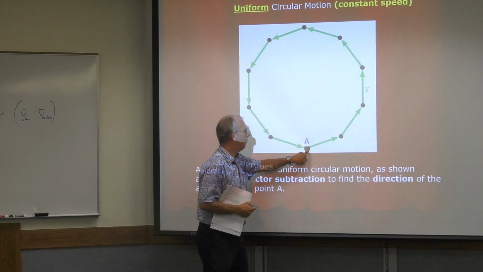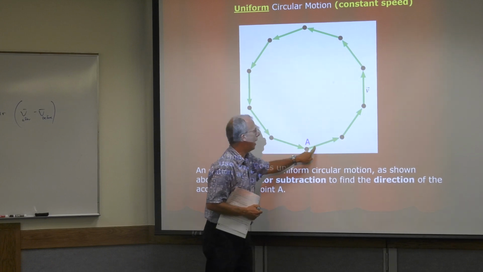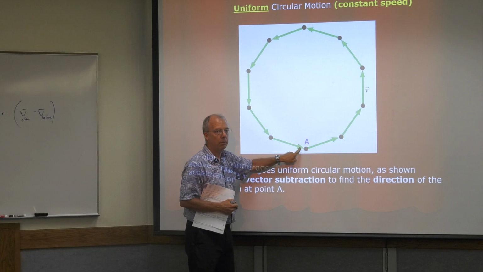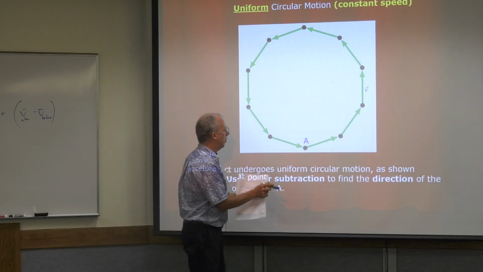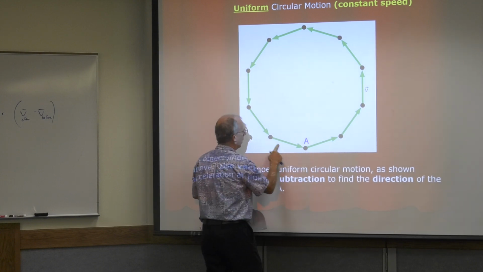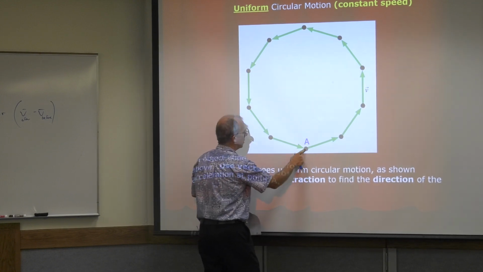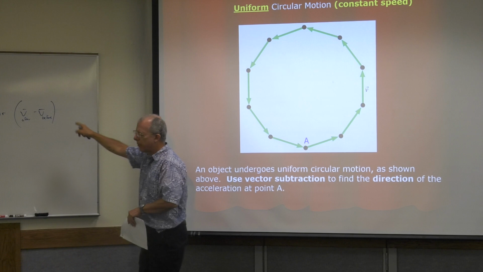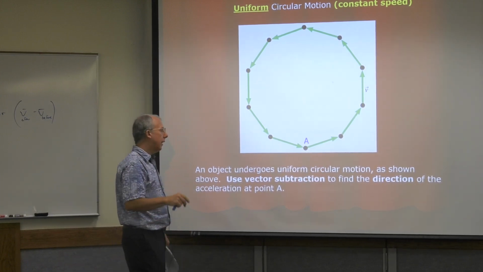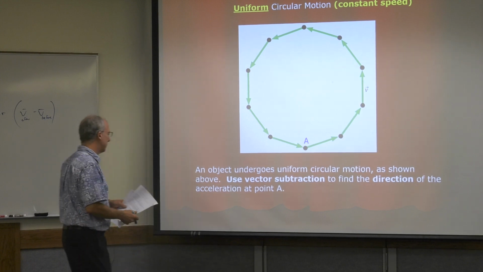So isn't this V final or V after? Isn't this V before or V initial? Well, yeah. So just look at this as V final or V after, and this as V before or V initial, and do the vector subtraction. So get your piece of paper and pause the video and do the vector subtraction, please.